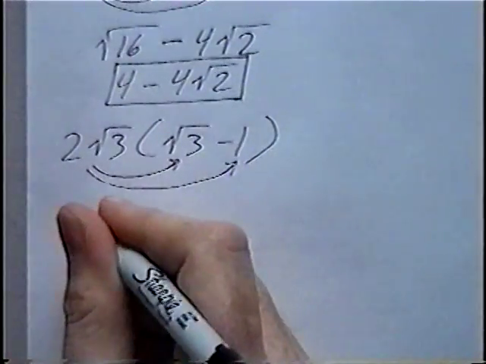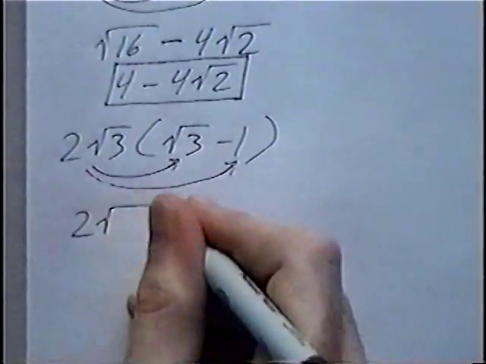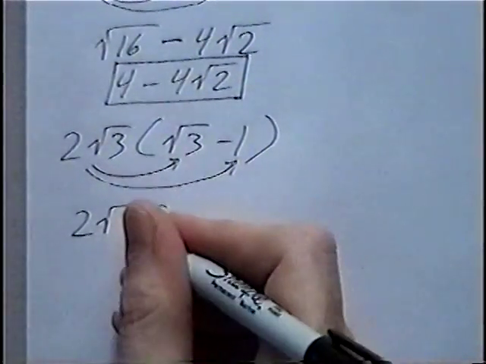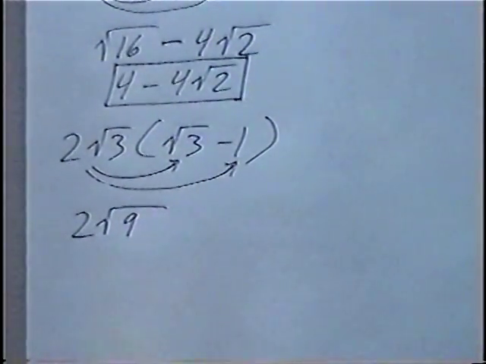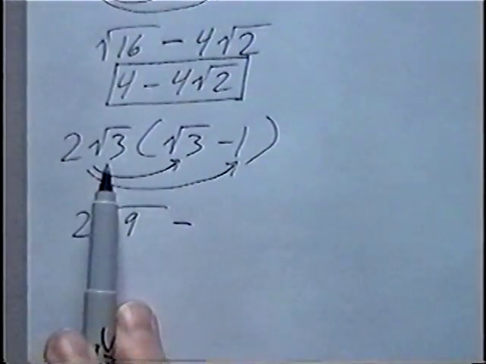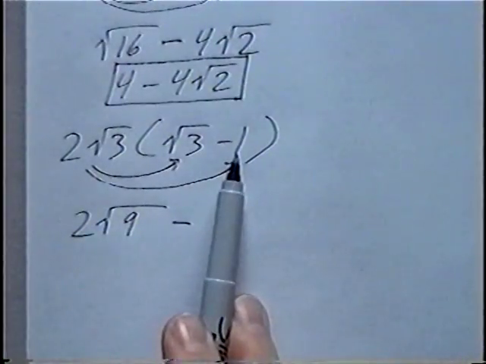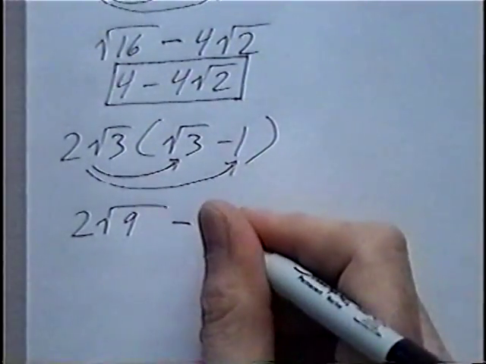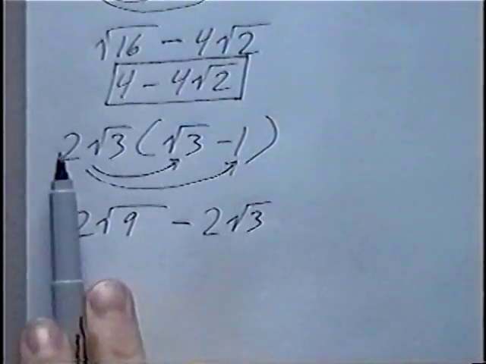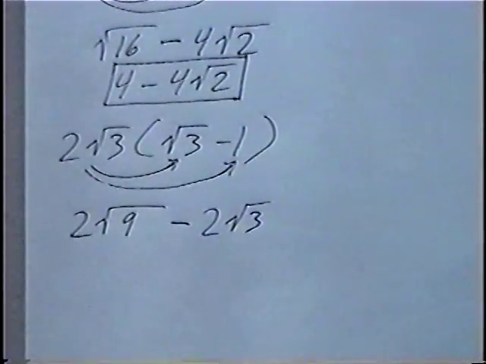The 2 would stay the same because it's outside the radical or square root sign. And radical 3 times radical 3, 3 times 3 would be 9, and that would go underneath the radical. And then minus 2 radical 3 times a negative 1 would stay the same, but it would be minus 2 radical 3. Multiplying the negative 1 times 2 gets you the negative 2.